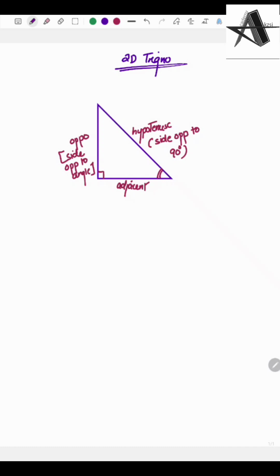Similarly, if I draw another triangle and change the angle now. This is 90 degrees, and this angle I'm talking about. Again, the side opposite to 90 degrees is going to be your hypotenuse.